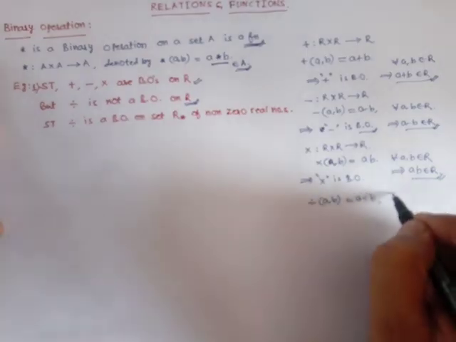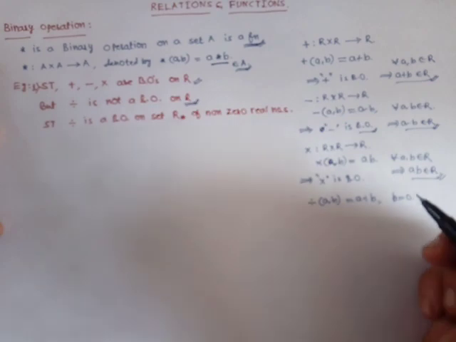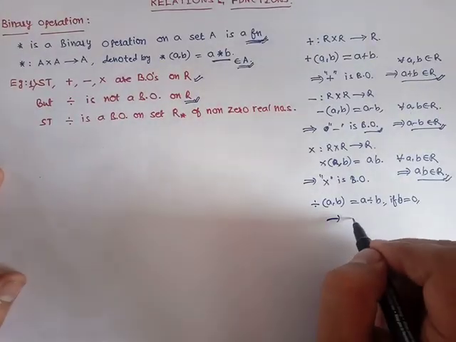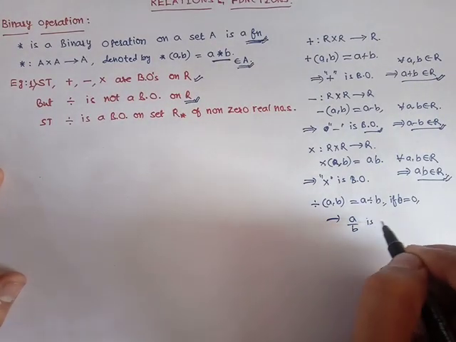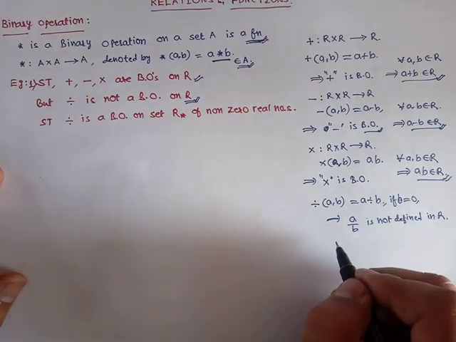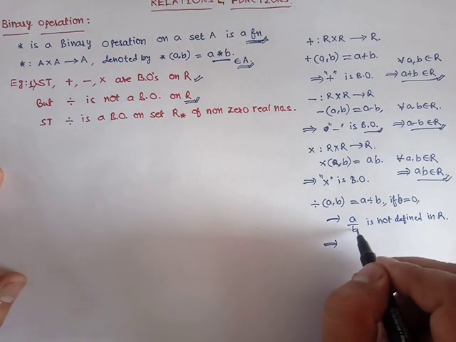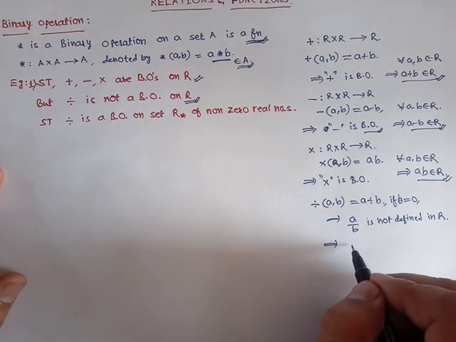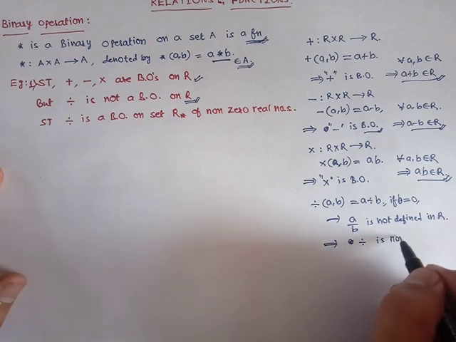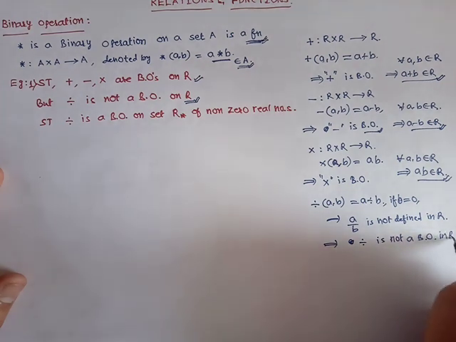If B is particularly taken as 0, then A by B is not defined in R. So A by B cannot be taken in the real number system. That's why division is not a binary operation in the real number system.